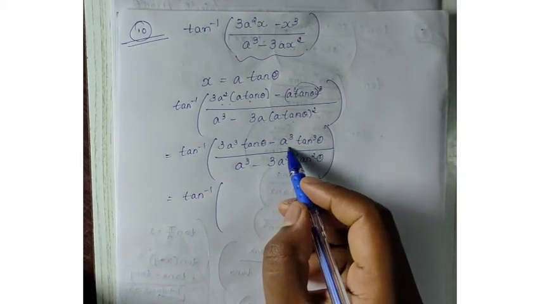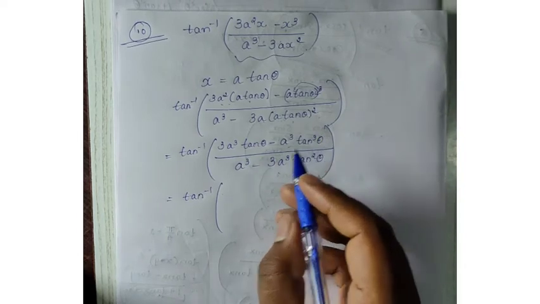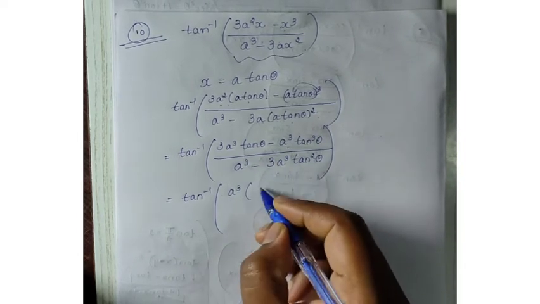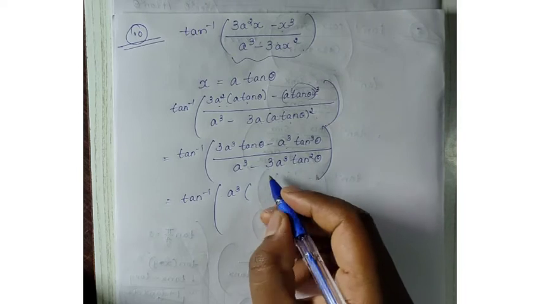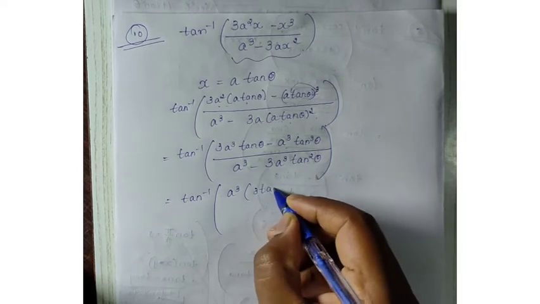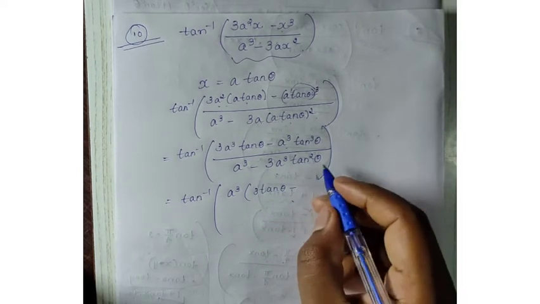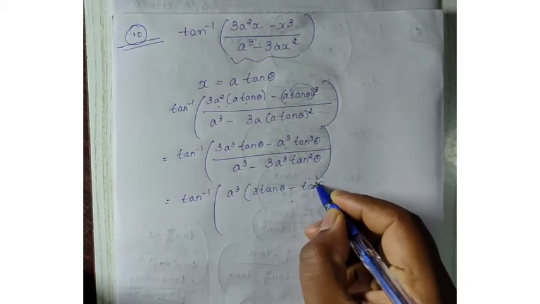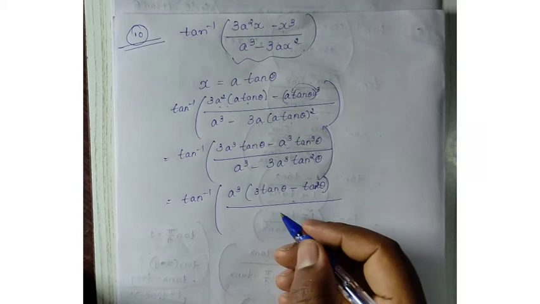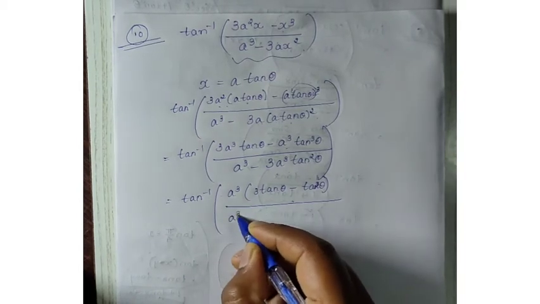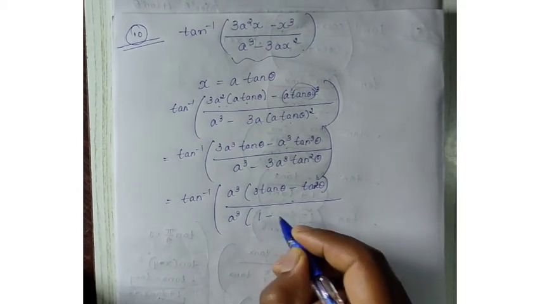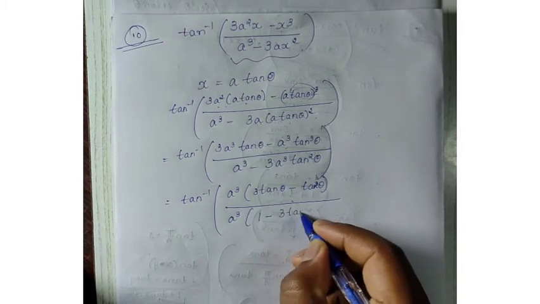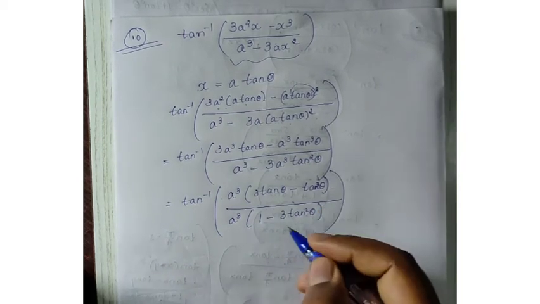so here from the numerator I'll take a cube common, a cube times 3 tan theta minus tan cube theta, divided by, from the denominator I'll take a cube as well, therefore 1 minus 3 tan square theta.